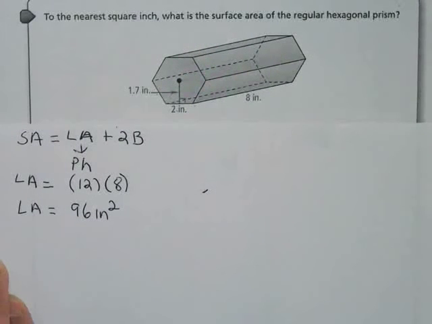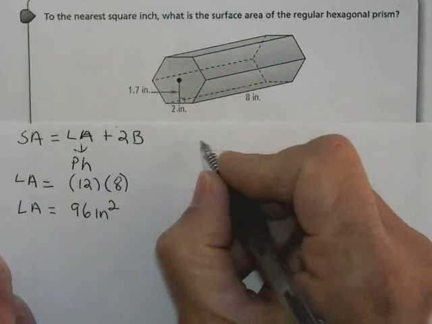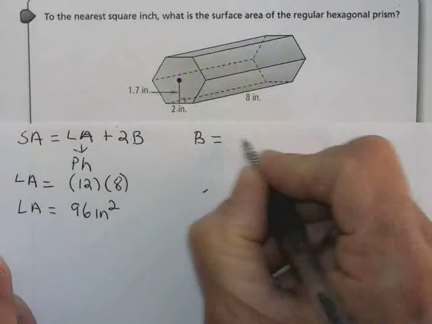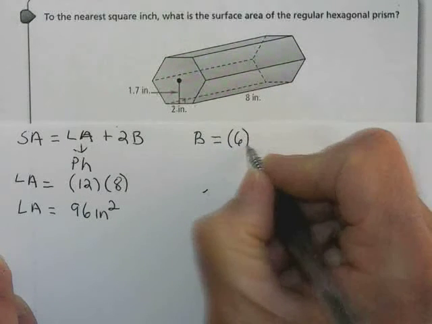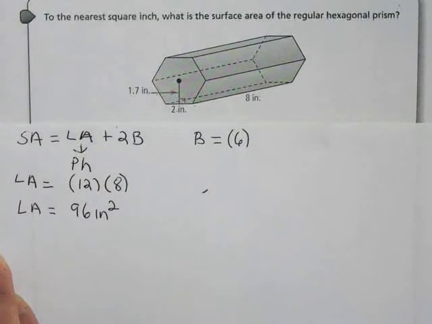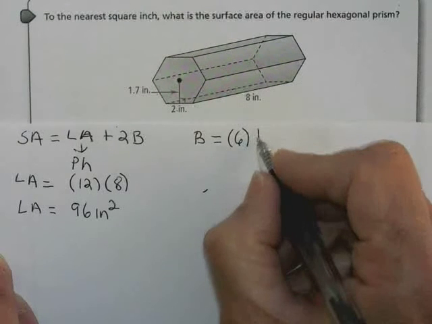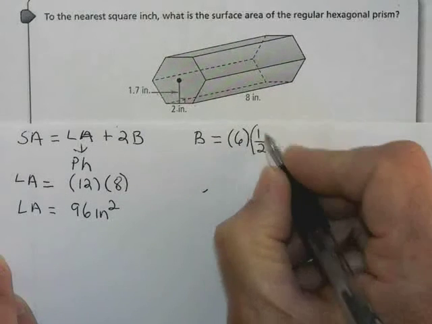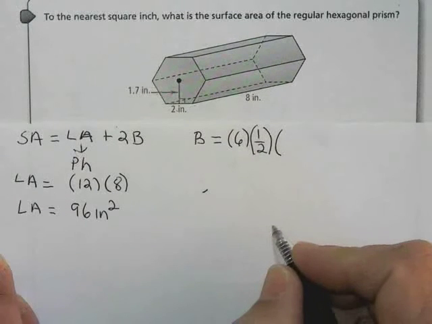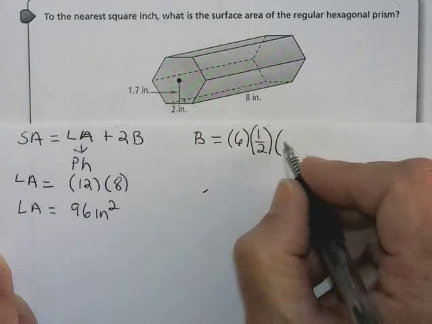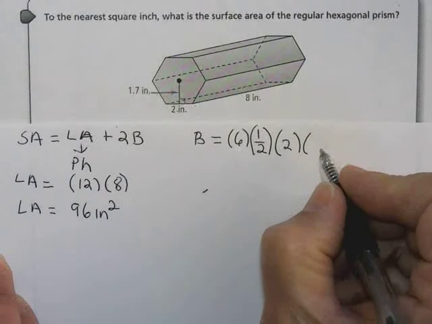Now I need to find the area of the base of this hexagonal prism. What I've got here is 6 triangles. So the base of this hexagonal prism is going to be 6, the number of triangles I'm going to have when I divide up the face, multiplied by 1/2, because this is the formula for area, multiplied by the base, which is 2, and multiplied by the height, which is 1.7.